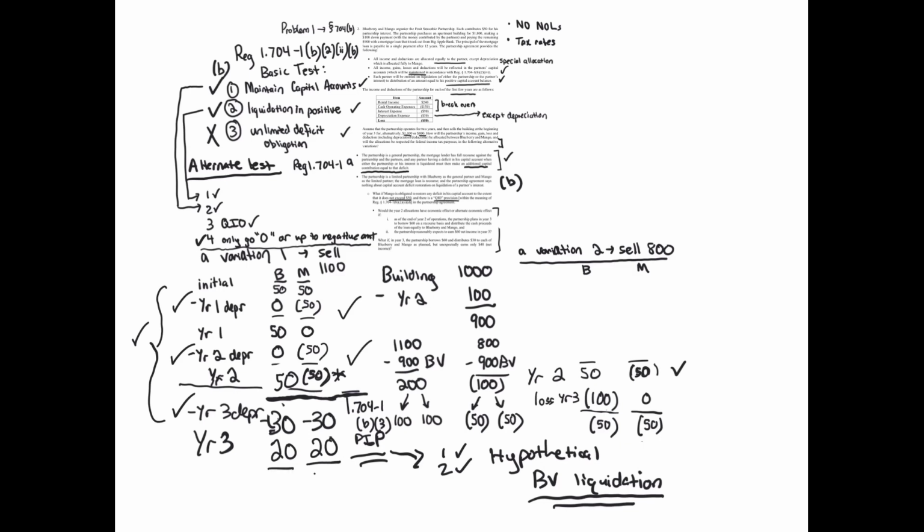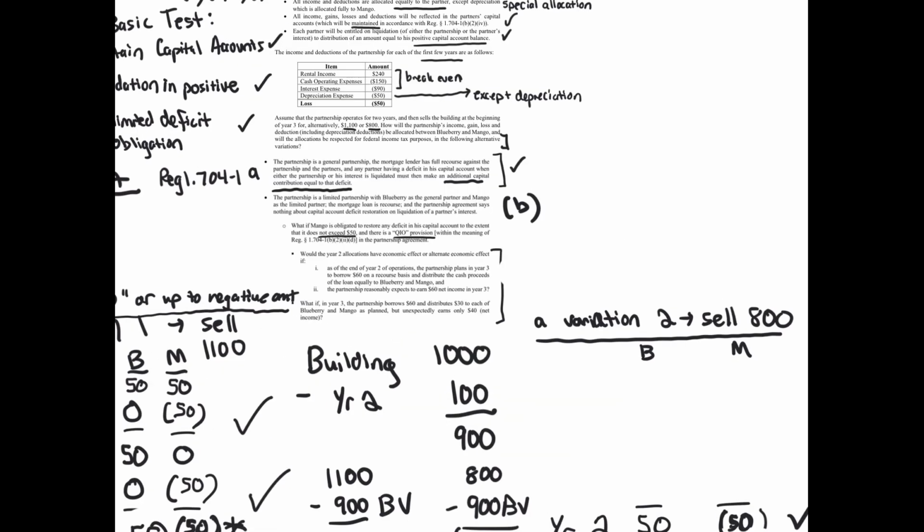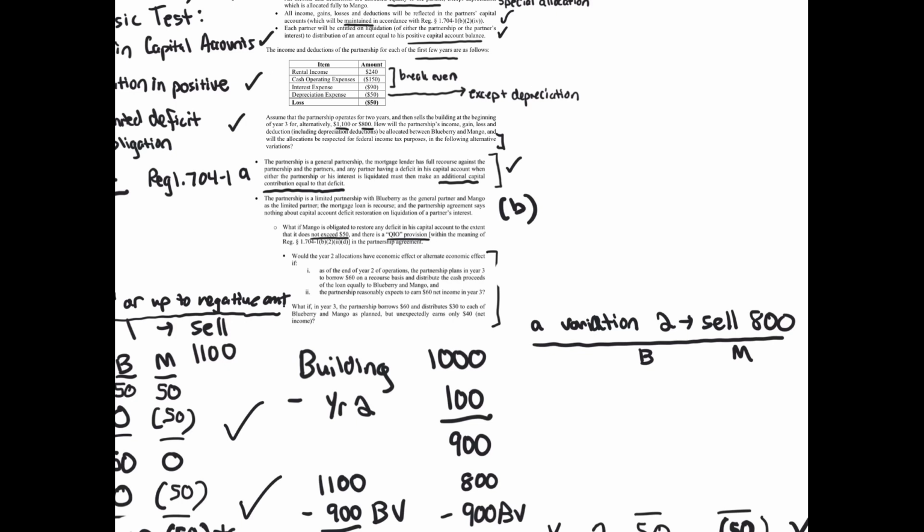So that now brings negative 60 to M, and that brings 40 to Blueberry. You can't have negative 60. Remember, we're told there's a QIO. The QIO provision basically allows us to redistribute the net income. That's what it's going to do here.